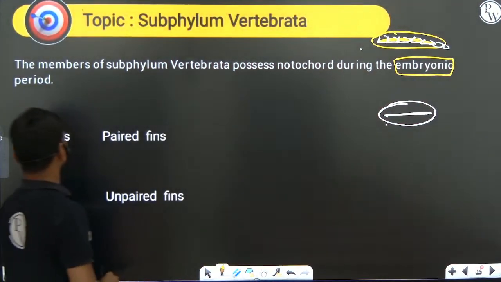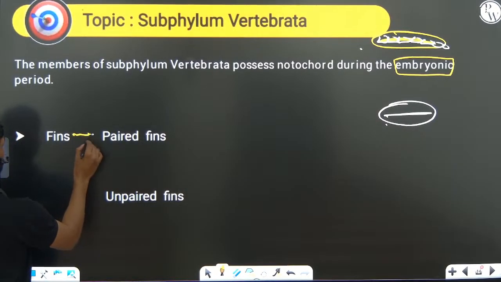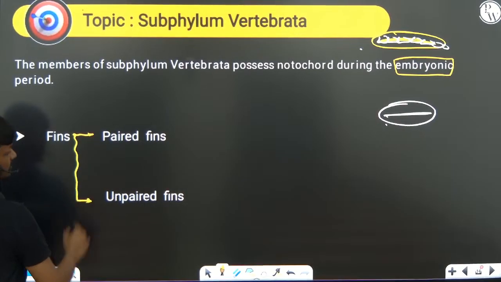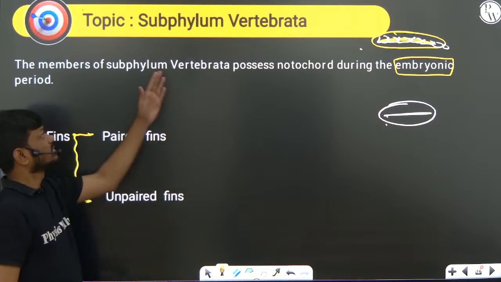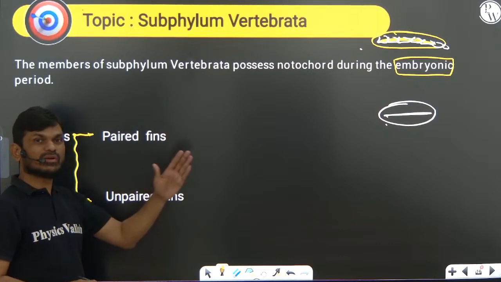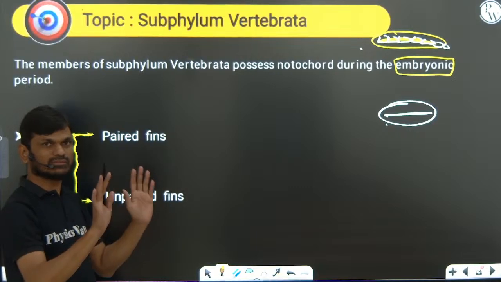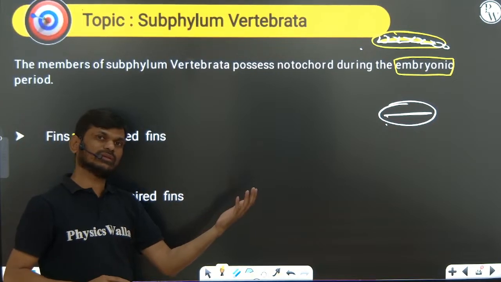Here fins are present, so these are other characters. The first character of vertebrata: in the embryonic stage there will be a notochord, but in adults it is replaced by the vertebral column.